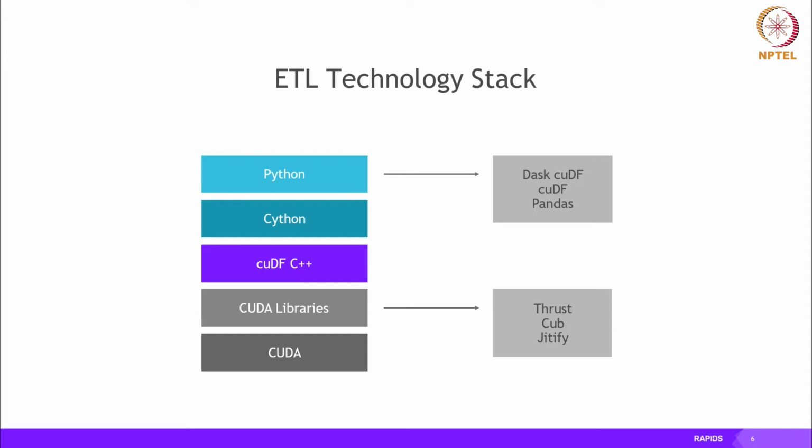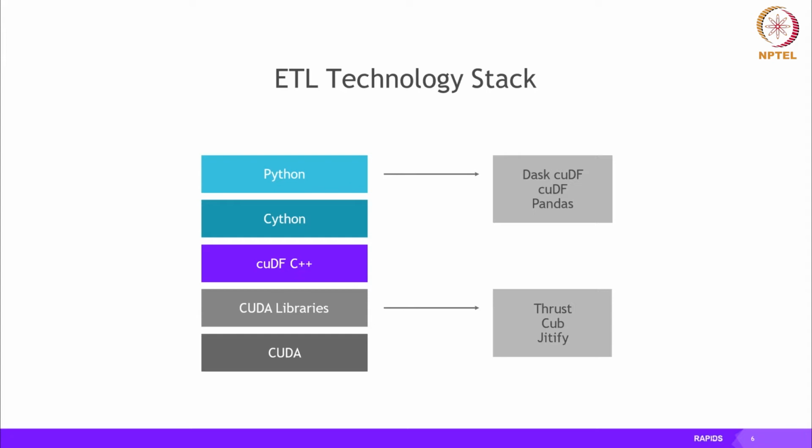Above that, we have certain libraries which are part of the CUDA ecosystem. Like Thrust is a library which is like C++ STL equivalent, which is standard template library equivalent in GPUs. We have other kinds of libraries also which exist in the CUDA ecosystem, which are primarily C++ or C based.